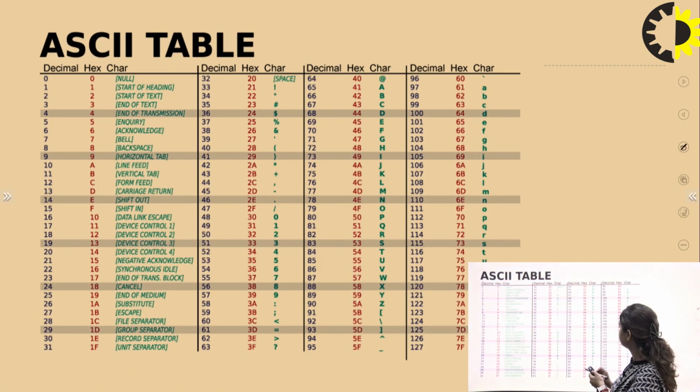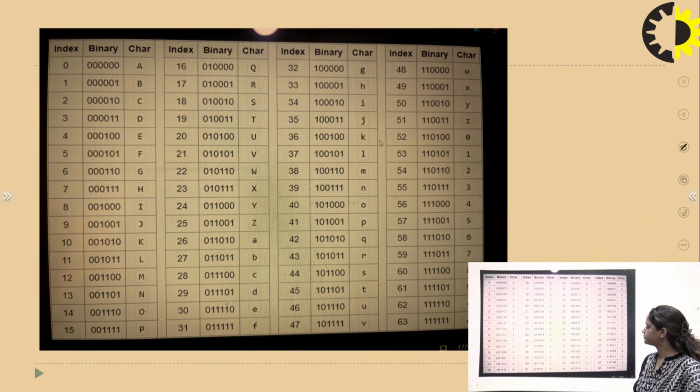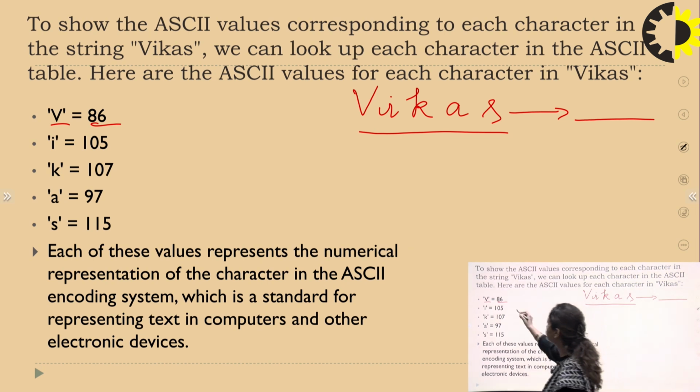If we see over here, this is our capital V, and 86 is its decimal representation. Now this V has 86 as its decimal number, and this 86 is converted into its binary form. So 86 is for V.